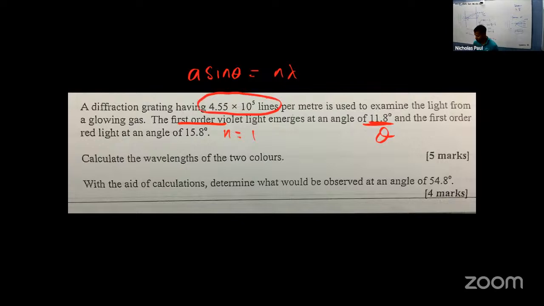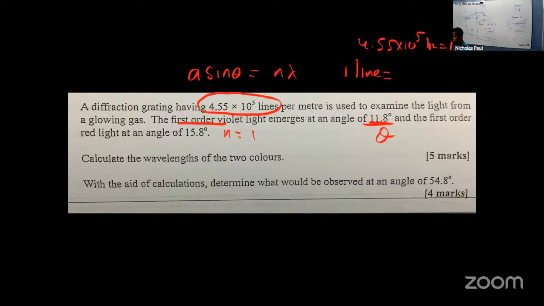Watch how easy it is, right? So it's 4.55 by 10 to the 5 lines is equal to 1 meter. So if you have 4.55 by 10 to the 5 lines in 1 meter, what is the thickness of one line?